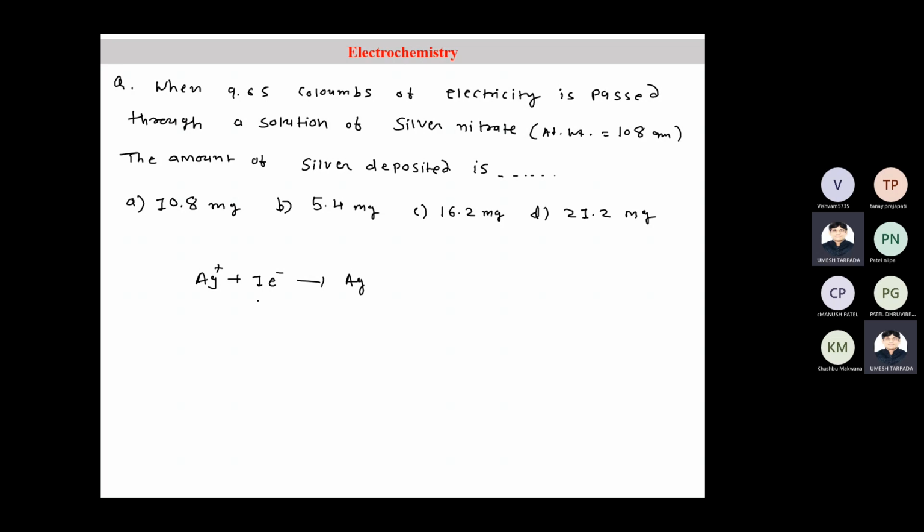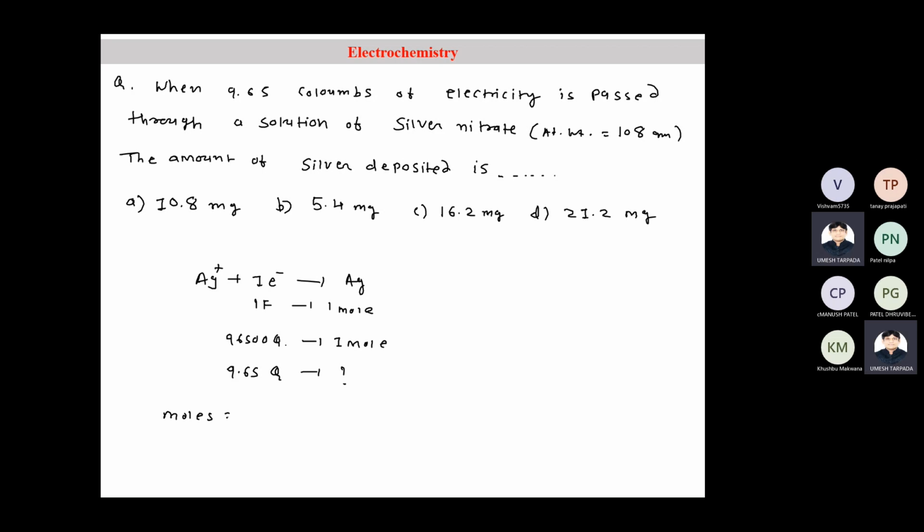Again write down the equation. 1 Faraday gives 1 mole. 1 Faraday means 96500 coulomb is 1 mole. You are given 9.65 coulomb, gives how much mole?